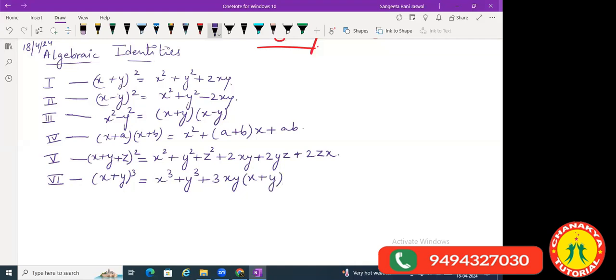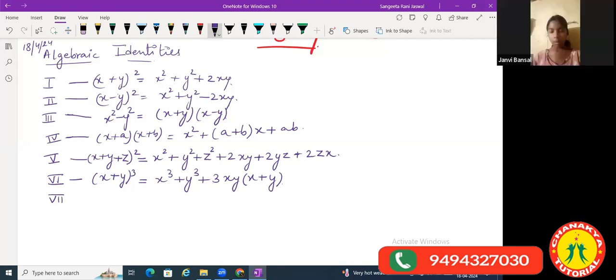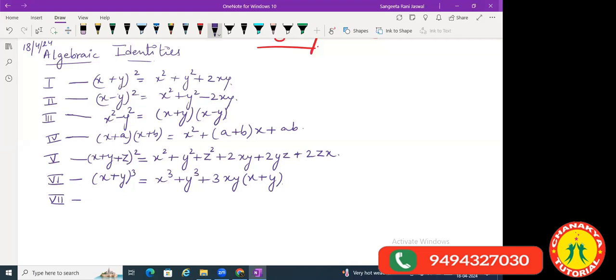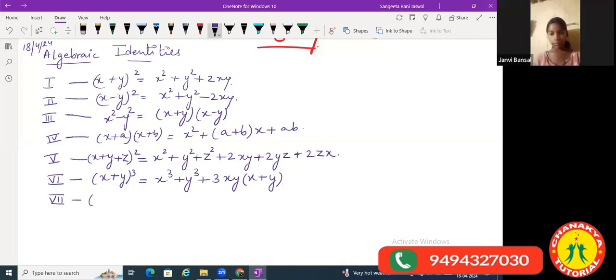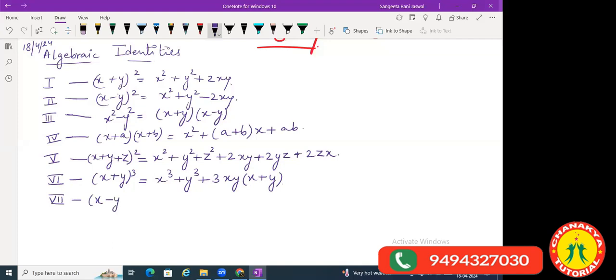Janvi, I hope you have made a separate notebook for this class. Please make a separate maths notebook for your online class. Okay, ma'am. x minus y the whole cube is equal to x cube minus y cube minus 3xy into x minus y.